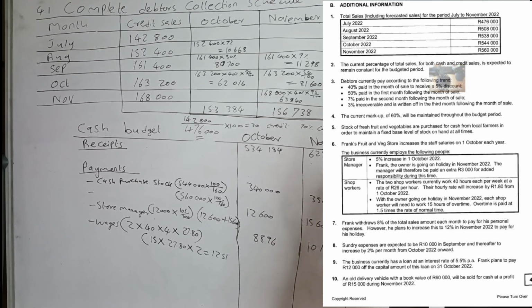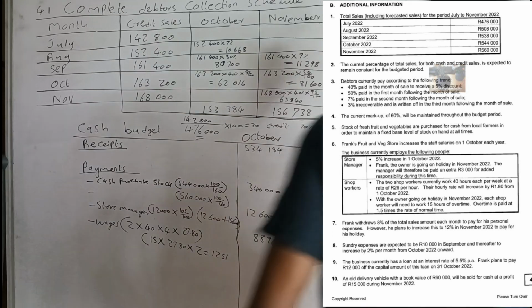Okay, drawings, they said that number 7, Frank will withdraw 8% of the total sales amount each month for his personal expenses. But in November, he's planning to increase this to 12% to pay for his holiday. Okay, 8% of total sales, which means that firstly we have to calculate for October.